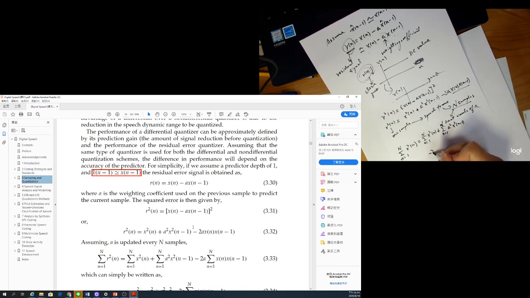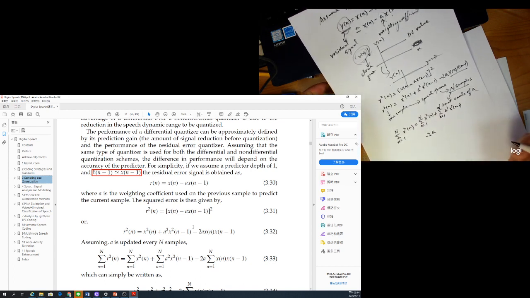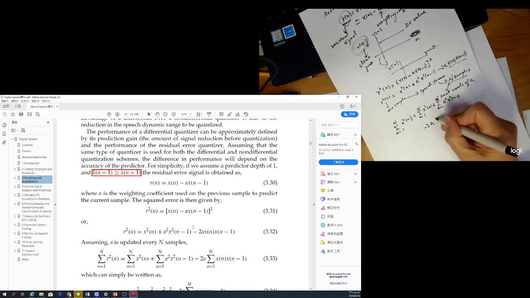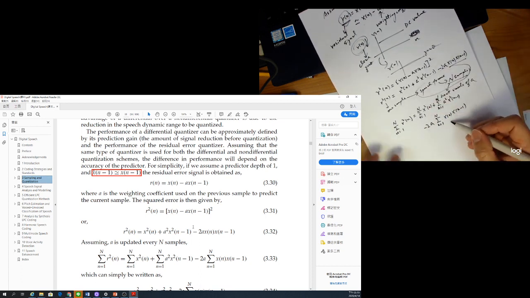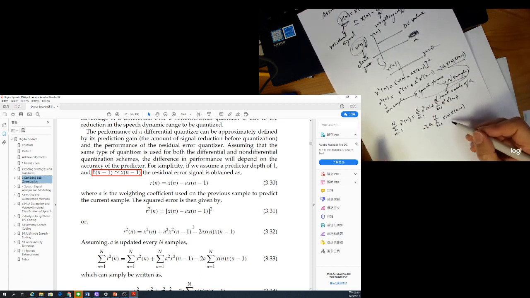So it's minus 2a times the sum over n equals 1 to N of S of n S of n minus 1. This looks like we calculate the autocorrelation of one speech frame, not just a neighboring signal correlation.